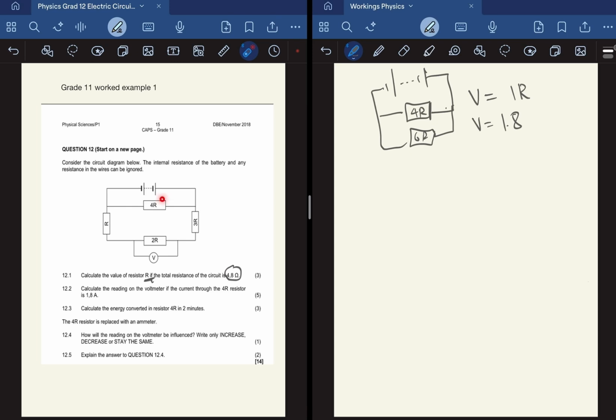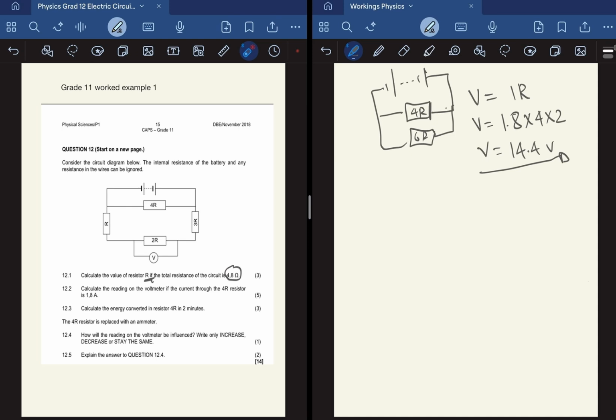But the equation is 4R. So it's going to be 1.8 times 4 times 2. And when you put it in the calculator, you get 14.4 volts. This will be your first step.